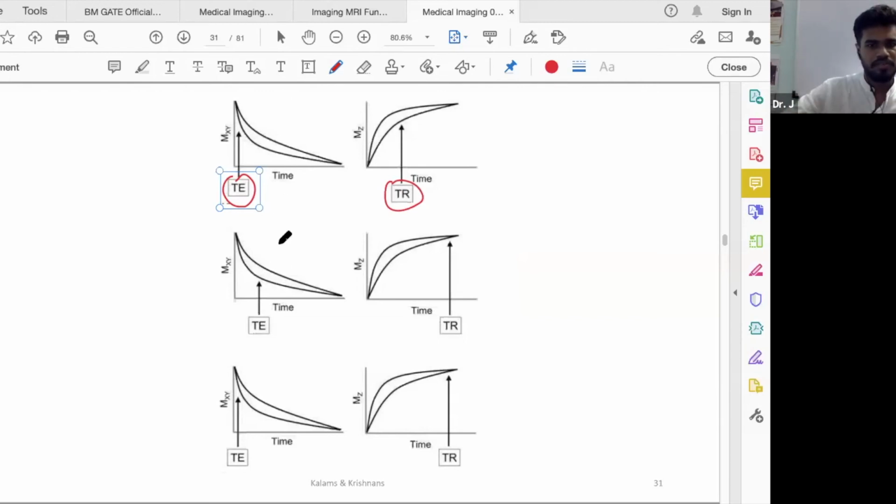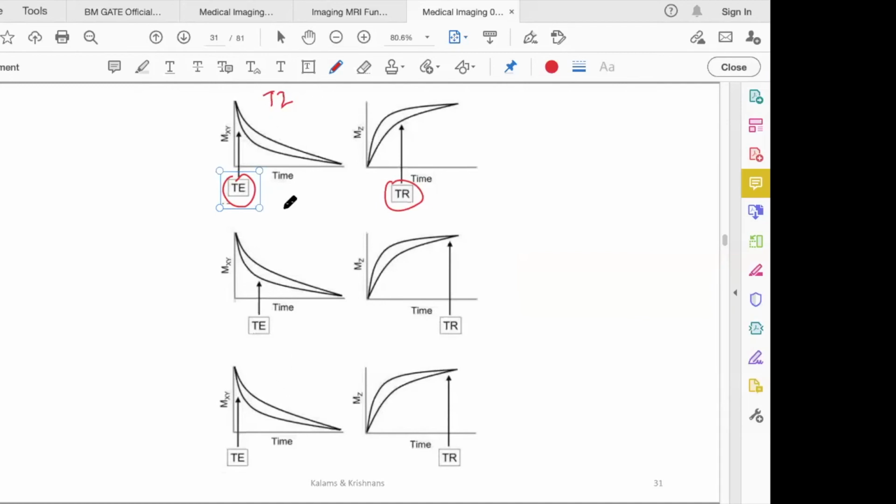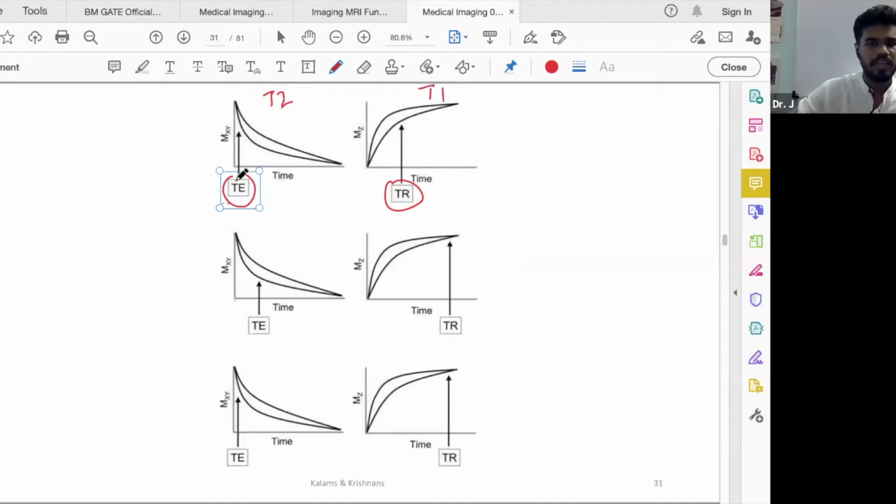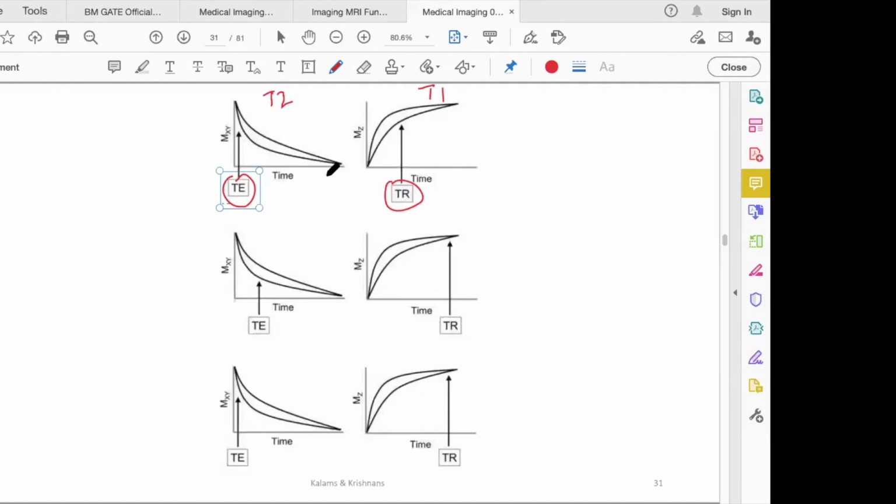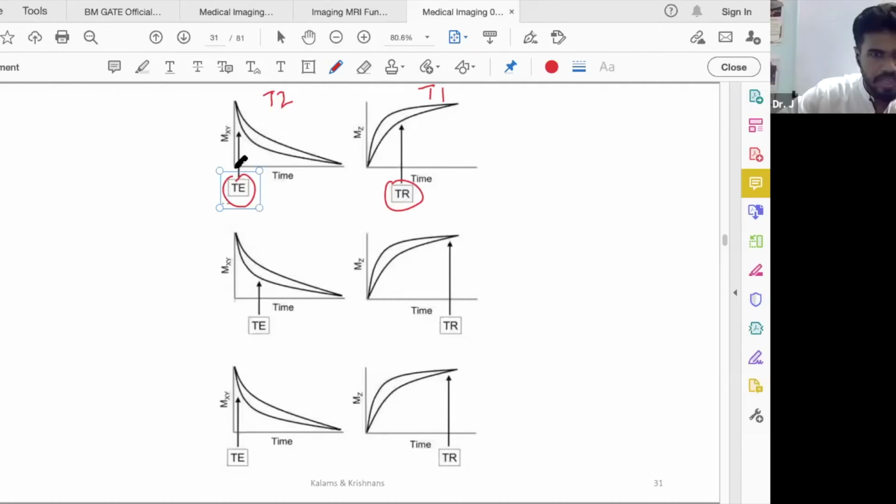The set of figures on the left, what are those figures? It is T2, right? This is T2 relaxation, right? They are all going to 0. This is T1 relaxations. Now, let's say these two parameters can be independently varied. We will look at what they are in subsequent classes. But we choose TE such that we measure here, and TR such that we measure here.